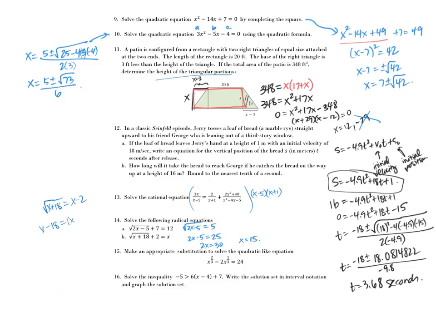So that's x minus 2 times x minus 2. So x plus 18 is equal to x squared minus 2x minus 2x, so minus 4x, plus negative 2 times negative 2 is 4.